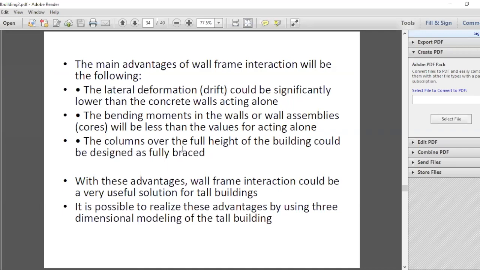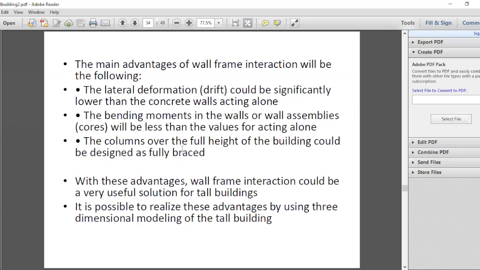Maybe 250 by 250. But in the 40-story building, if you make the assumption that the top floor is slightly loaded, then you might say, okay, in the 40-story top floor also we can use a 250 by 250 column. But it is not so. What is the reason?